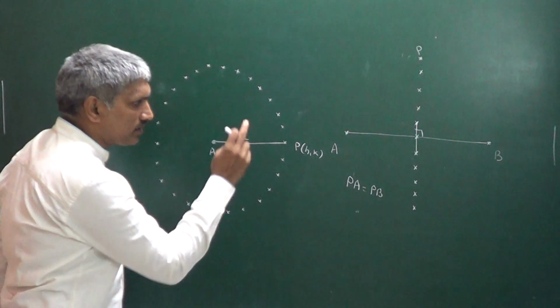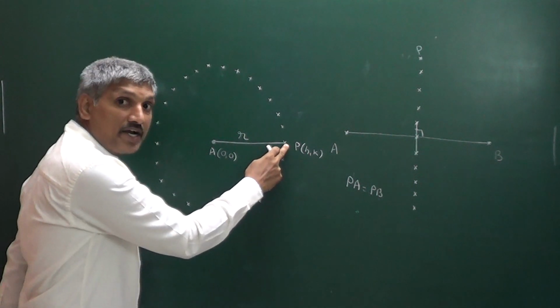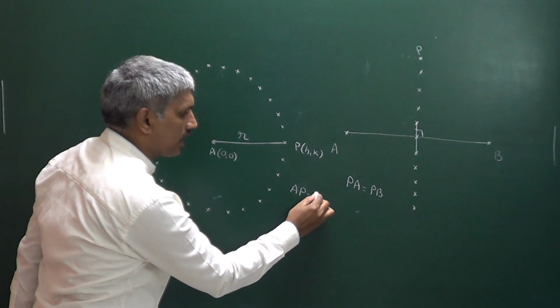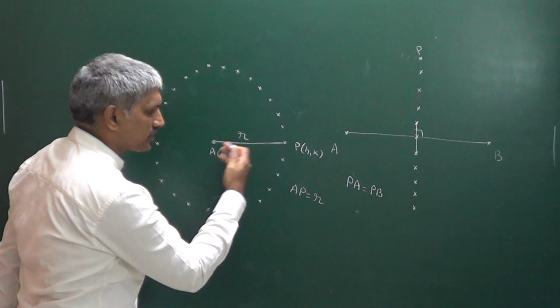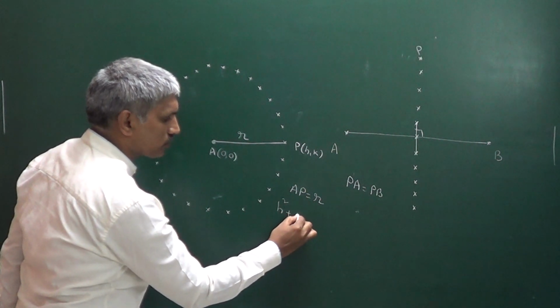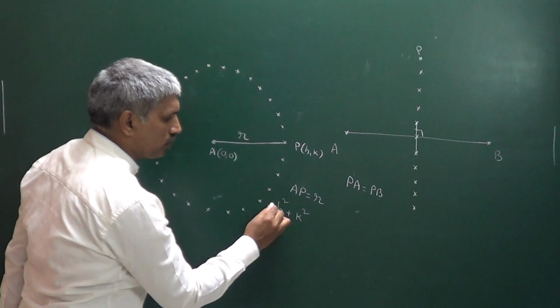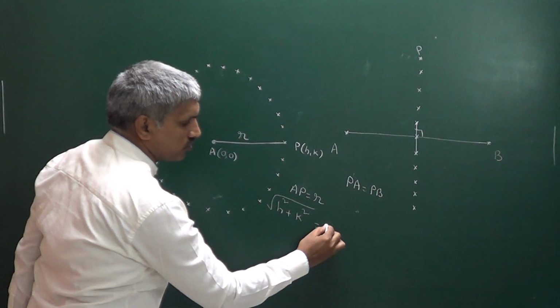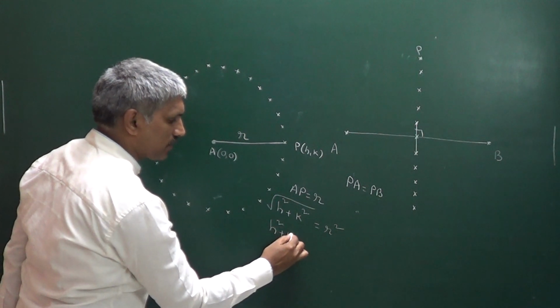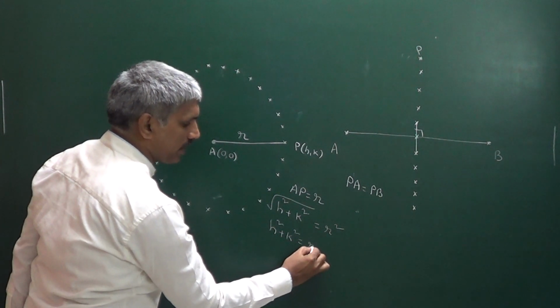What condition does this point satisfy? The condition is AP is equal to r. AP is the distance between these two points: the square root of (h minus 0) whole square plus (k minus 0) whole square, equal to r. So h square plus k square is equal to r square.